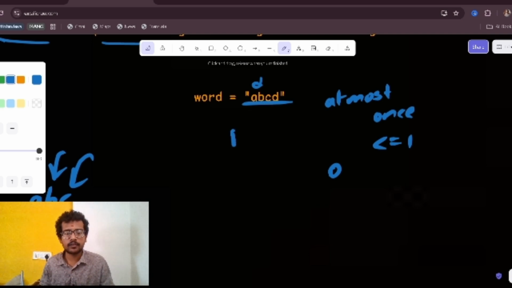There are no letters which occur more than once. So we'll just return the count which is already given as 1 as the answer.